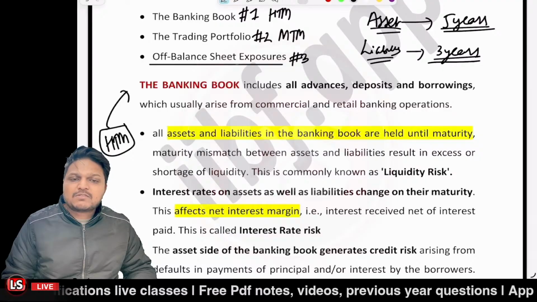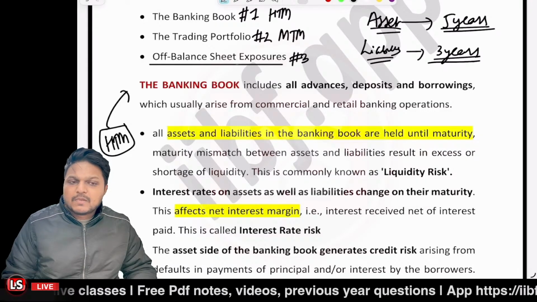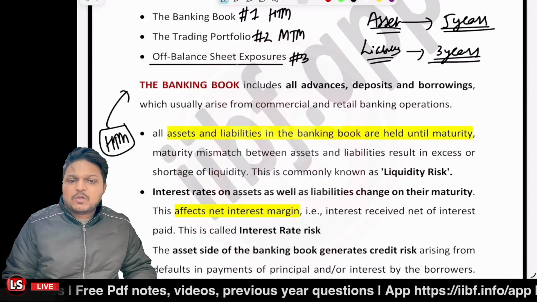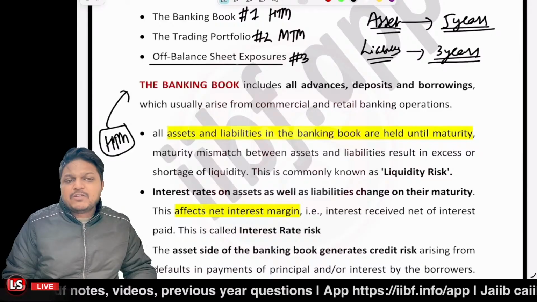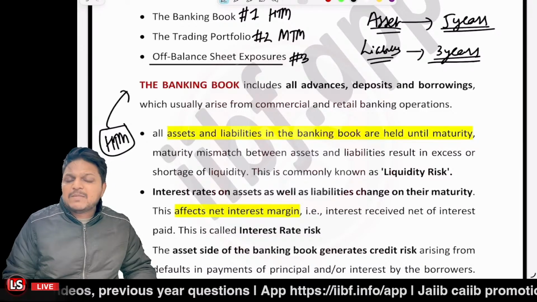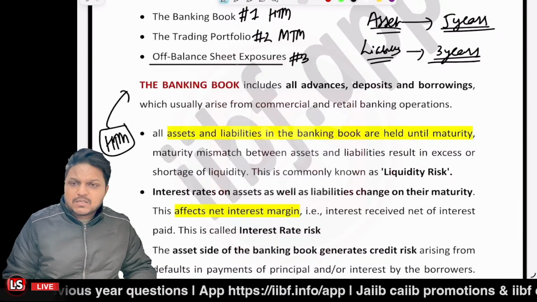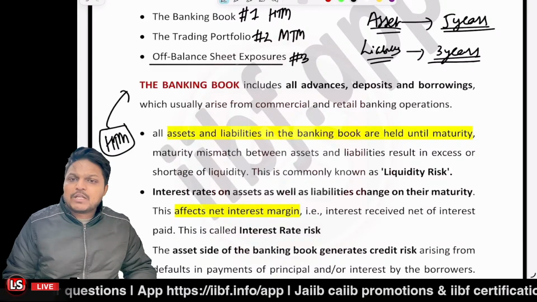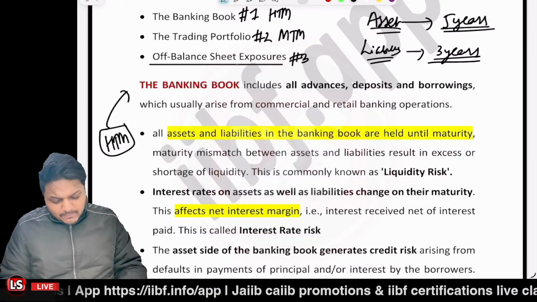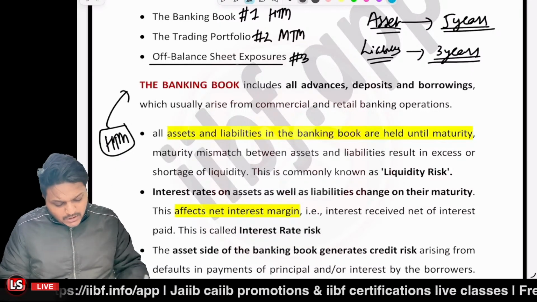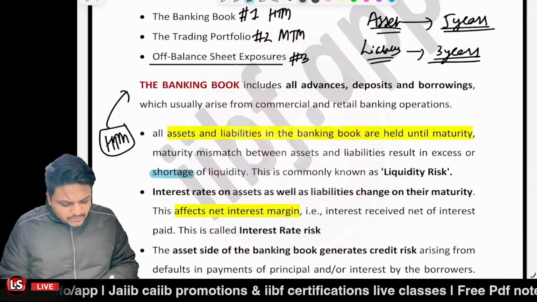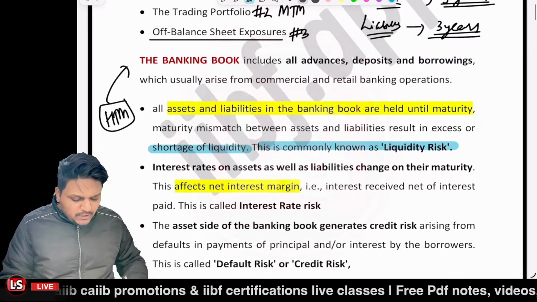That was a funding risk which was available over there, right? And when your assets and liabilities having the mismatch before the maturities, or you can say if you're having the shortage of the liquidity, it will lead to what type of risk? It will lead to the liquidity risk. If you're having shortage of liquidity, it will lead to the liquidity risk, right?